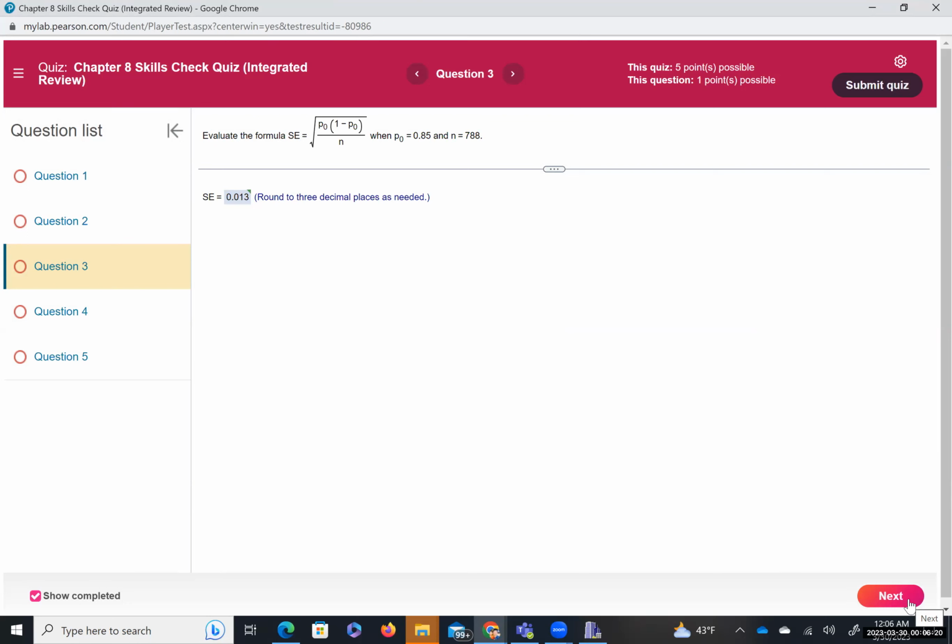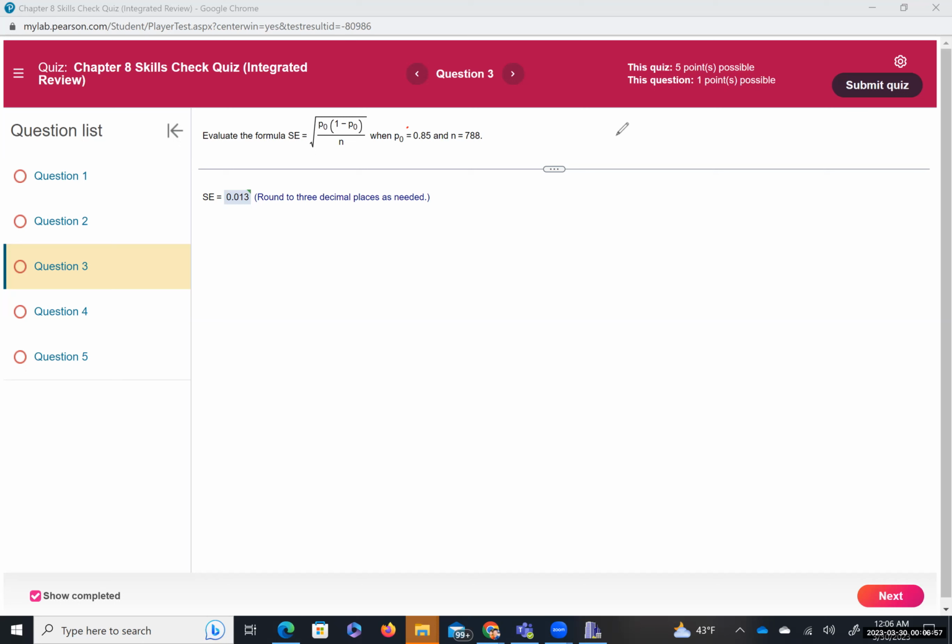Okay, so this is the formula to find the standard error. The standard error in this case uses the formula square root of p naught, the null proportion, multiplied by 1 minus the null proportion, and divided by n.